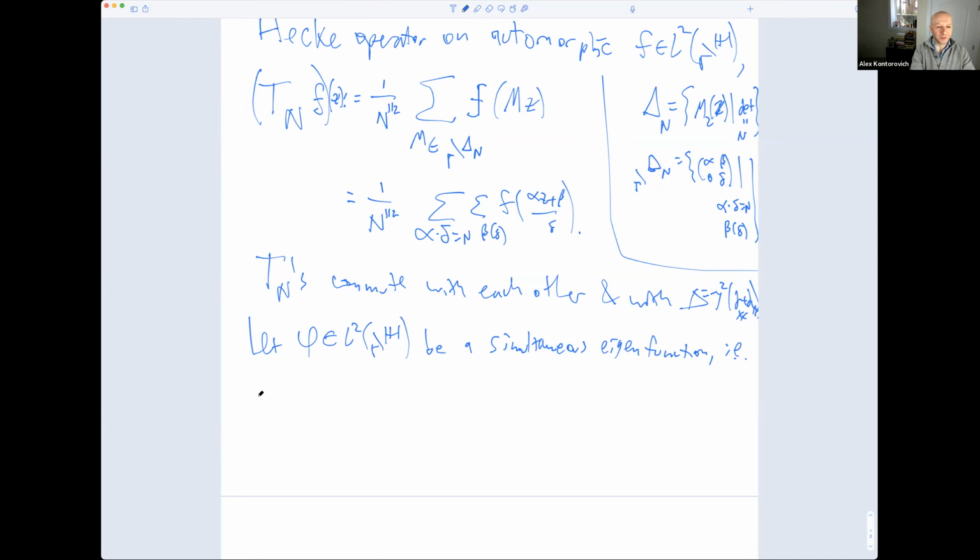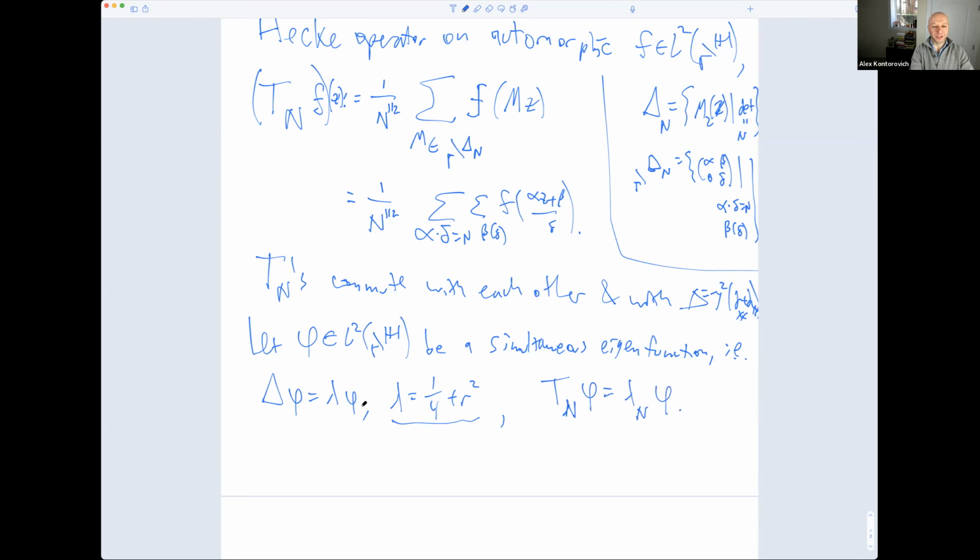So in particular, we have that Delta phi is equal to lambda phi, where lambda is a quarter plus r squared. Let me say more about this later. And then T_n phi is lambda_n phi.